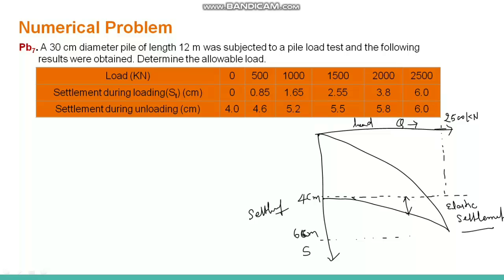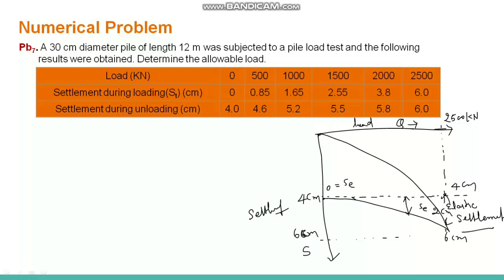Now we can calculate it. At this point where the load is zero, you will get zero rebound. At the load of 2500, at this point there is 4 centimeter, and at this point there is 6 centimeter, so you will get 2 centimeter. Here you will get 0.